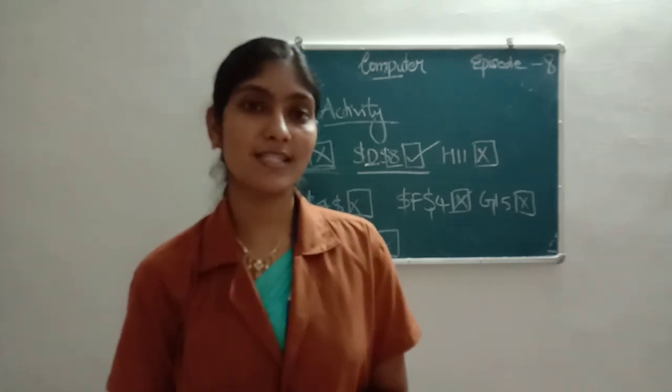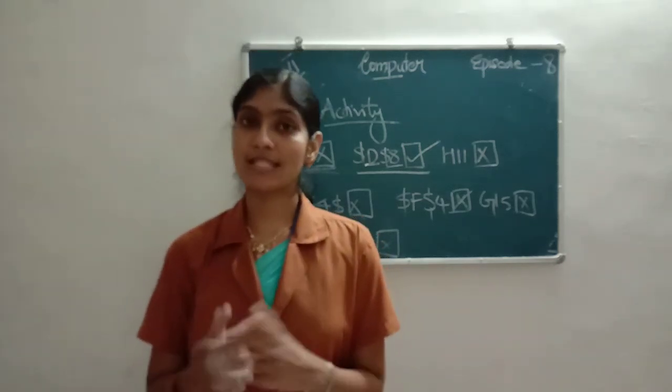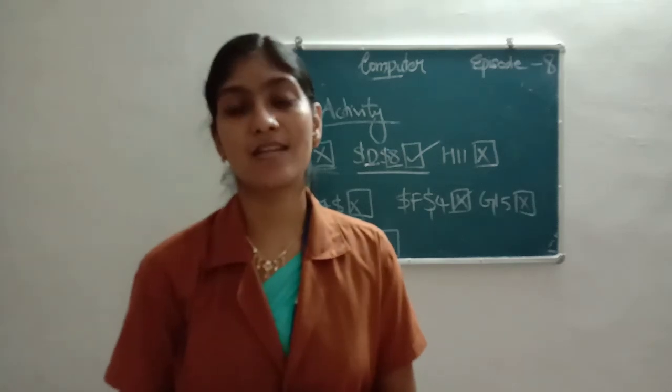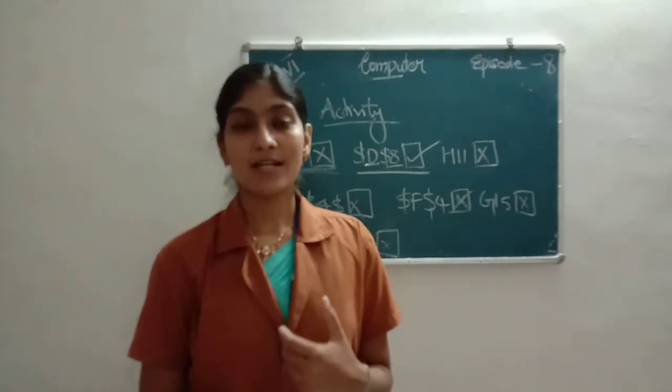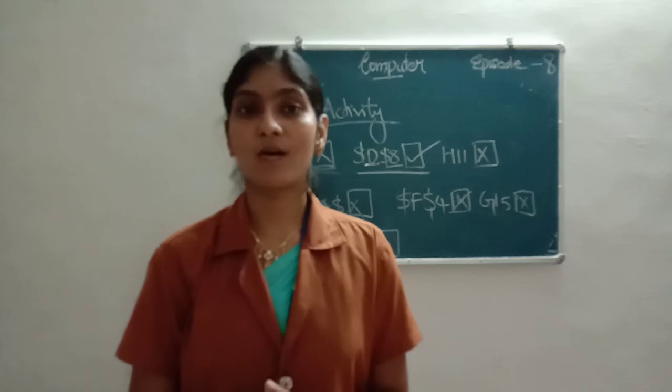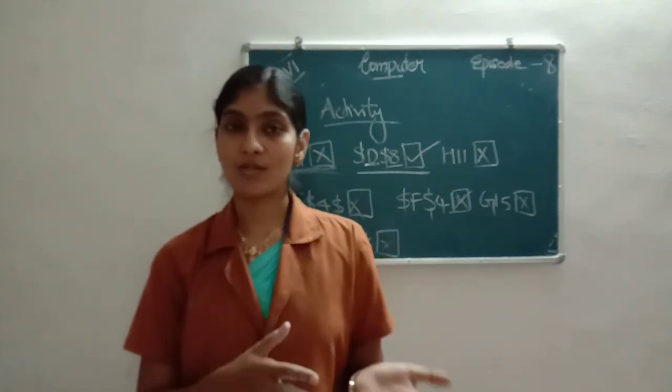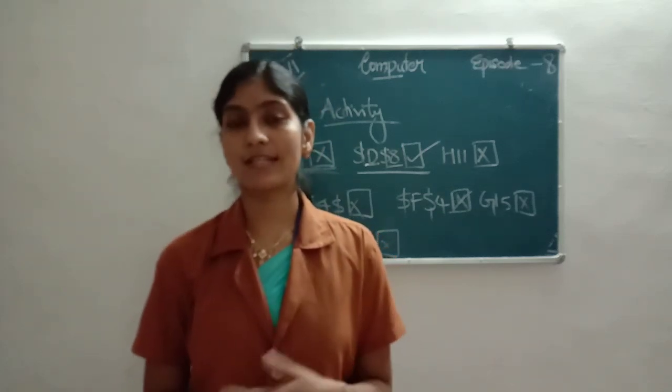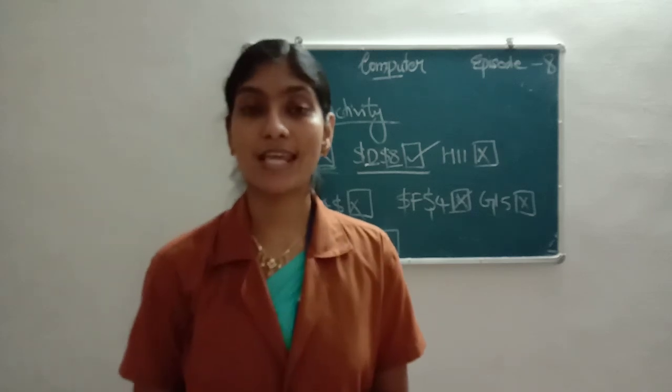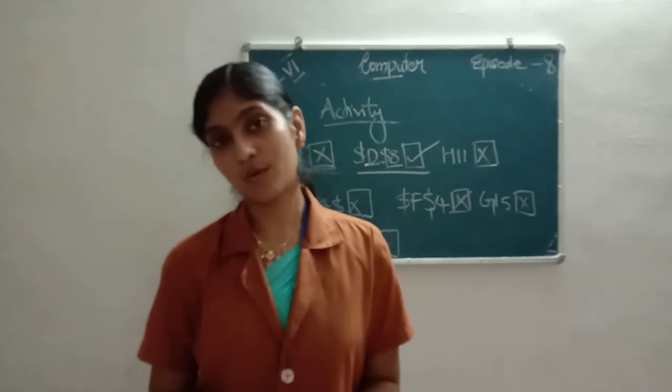Then what happens in relative referencing? Relative referencing means the cell address can change. That means it changes according to the row and column address. It means C1 to C2, C3 to C4. It changes according to the cell address of rows and columns.